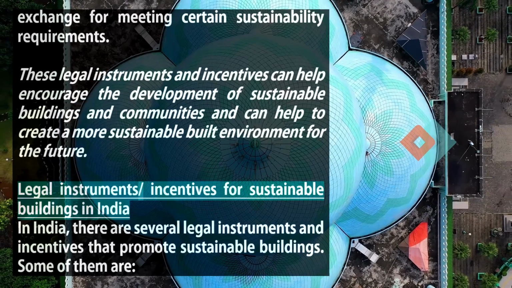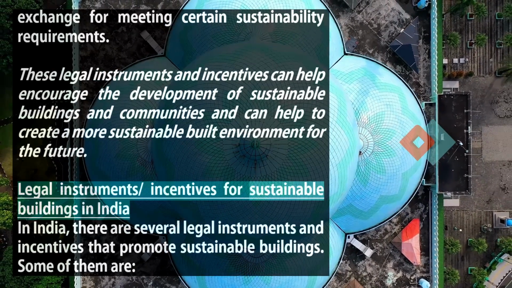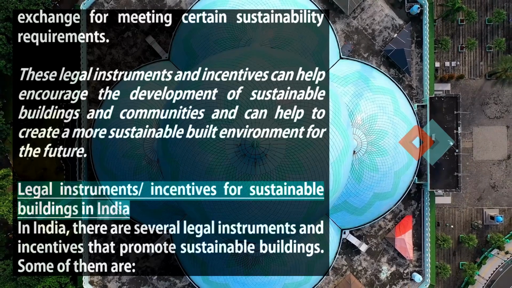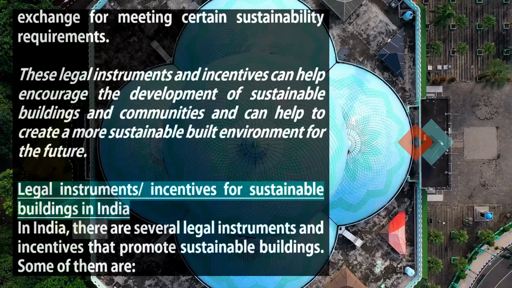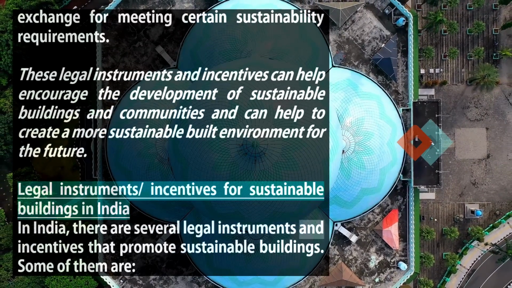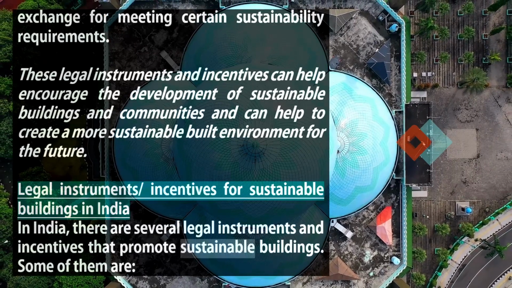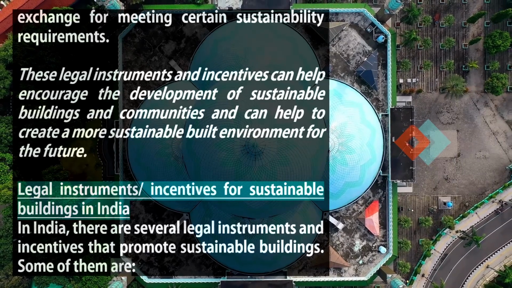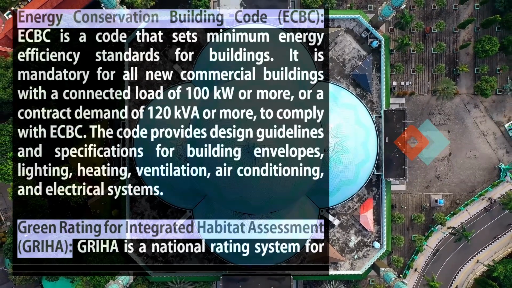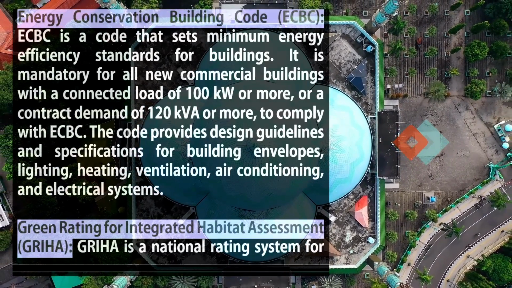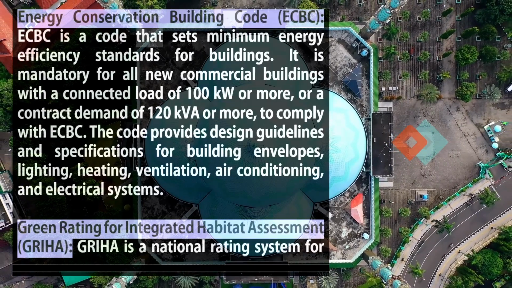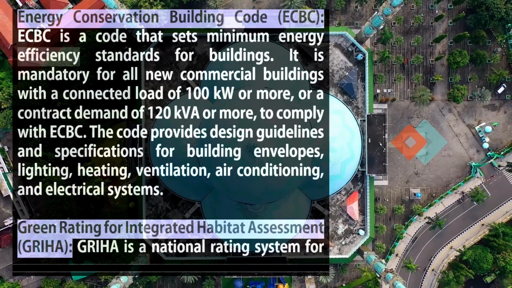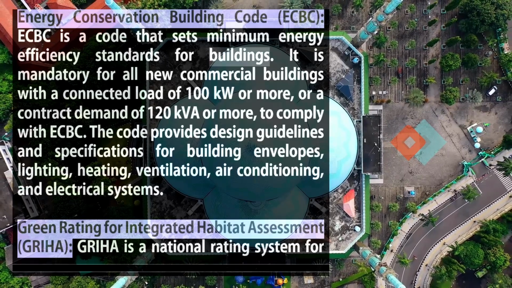Legal instruments and incentives for sustainable buildings in India. In India, there are several legal instruments and incentives that promote sustainable buildings. Some of them are the Energy Conservation Building Code, ECBC. ECBC is a code that sets minimum energy efficiency standards for buildings.